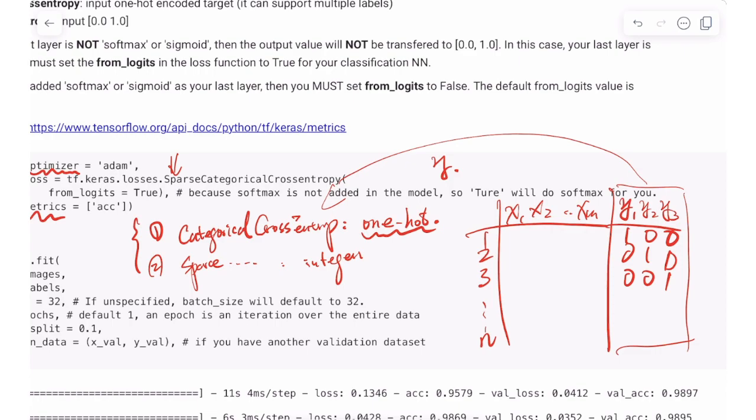If your y looks like 1, 2, 3, integers, you should use sparse categorical cross entropy. Make sure you understand that, because it is very important. If you misuse this loss function, the result will not be what you expected.